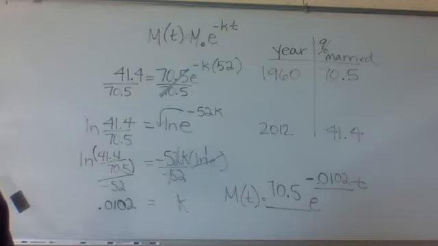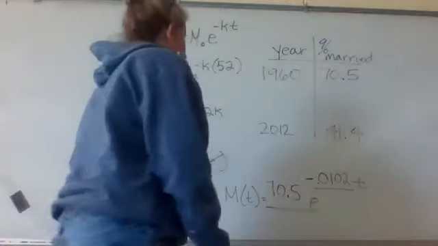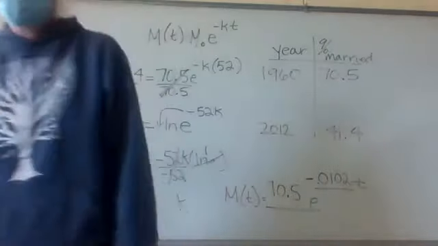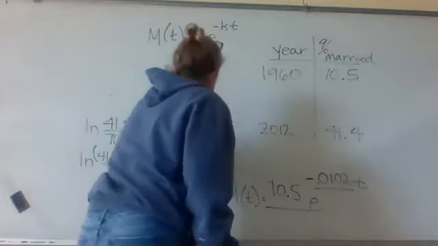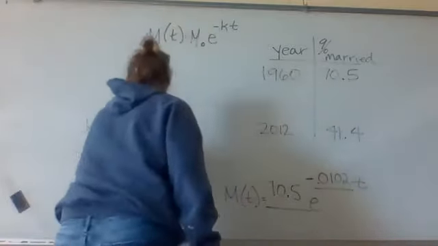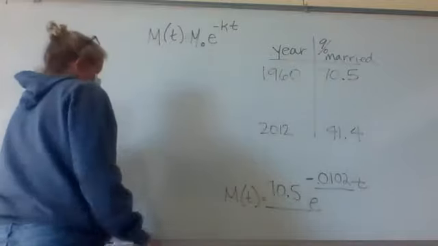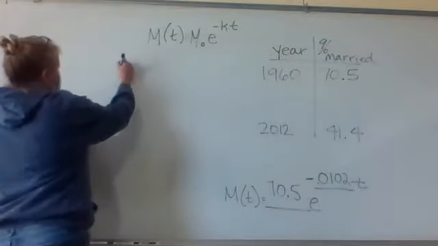Then B says, estimate the percent of adults who are married in 2015 and 2018. So let's see, I'm going to write my formula up here.